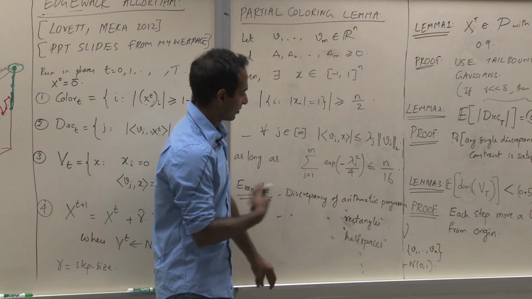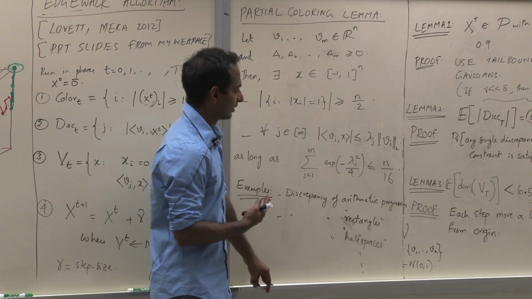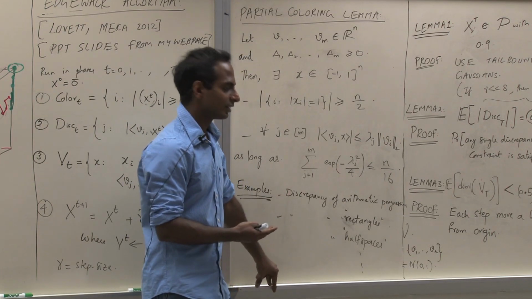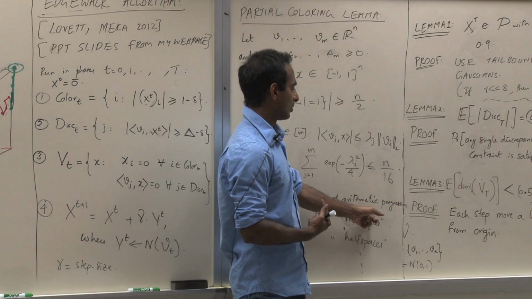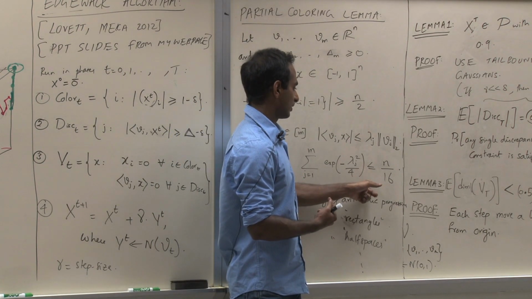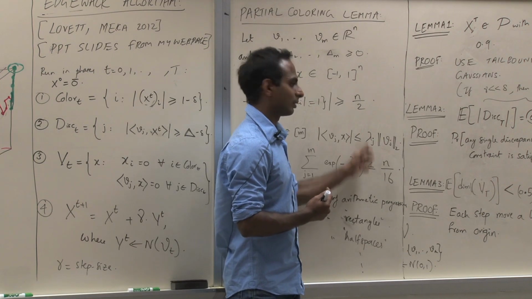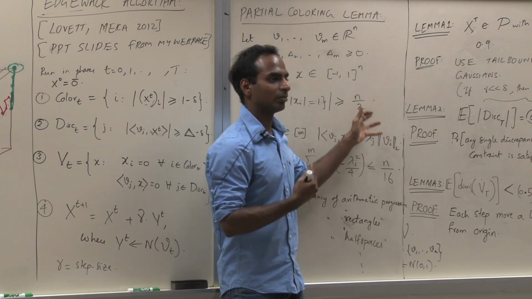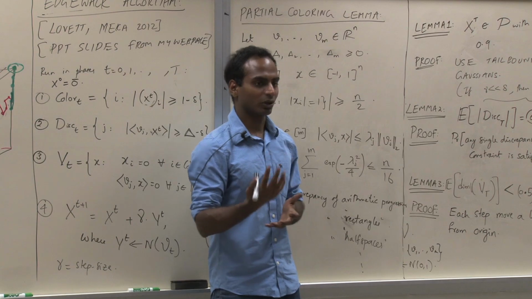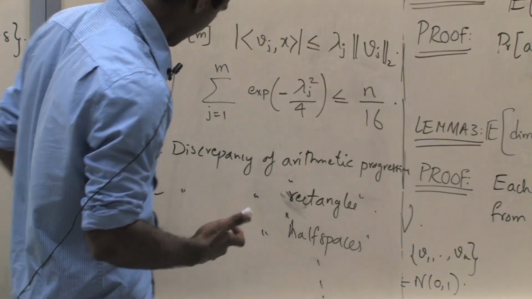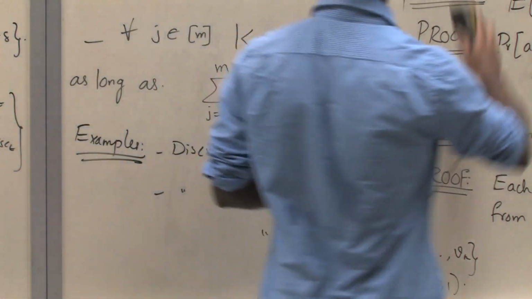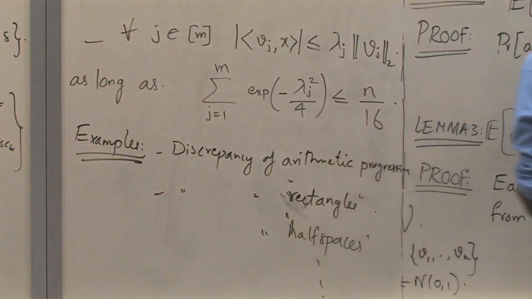It's not so easy. In many cases it's easy, but for example, for arithmetic progressions, you have to do some very careful arithmetic to go from here to the final bound of square root of n to the 1/4. Okay, so let me just state that.